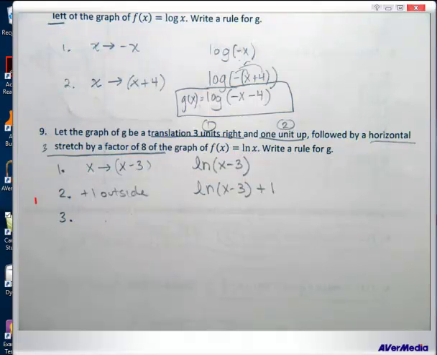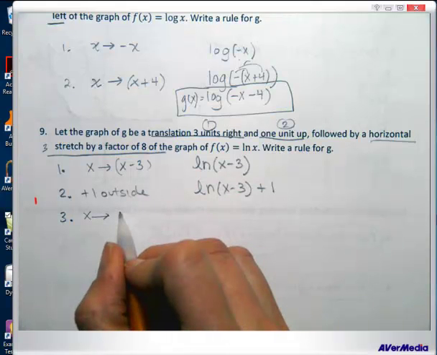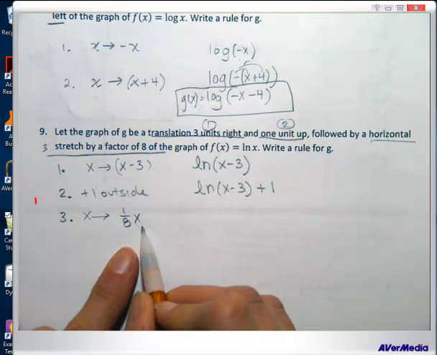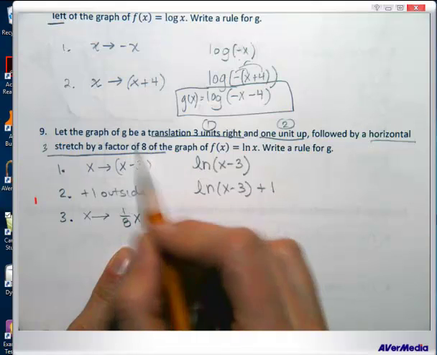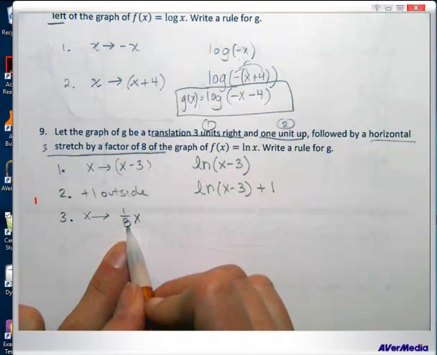Brittany? 1/8 x, okay? X gets replaced with the reciprocal. So in horizontal stretches and shrinks, you use the reciprocal. If it says stretch by 8, you multiply by 1/8. If it said shrink by 1/8, you would multiply by 8. And so x gets replaced with 1/8 x.